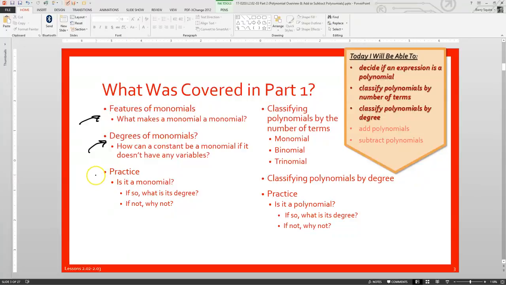Then we did some practice looking at expressions to decide if each is a monomial or not. If it is, we found its degree, and if it wasn't, we discussed why. Then we looked at polynomials and did the same things, looked at some special names for some special polynomials, classifying polynomials by number of terms and by degree, and some similar practice to what we did before with monomials.